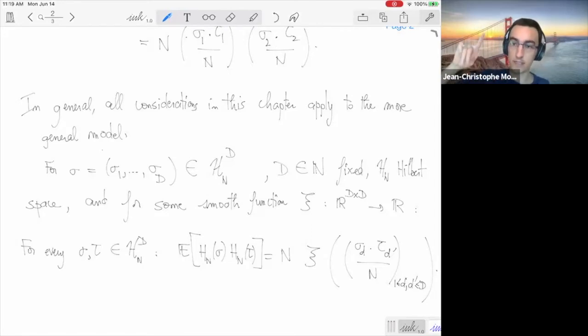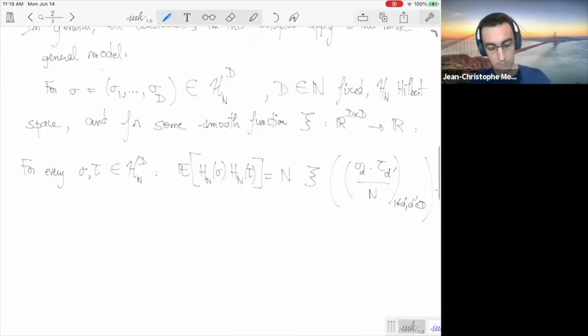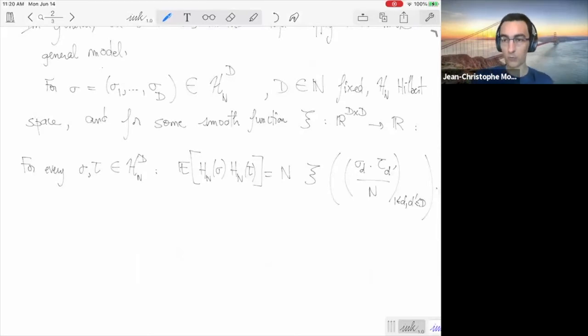For SK, D is 1, and psi is the square function. For the bipartite, D is 2, and psi is the product of the diagonal entries. So in general, you see that there's some matrix that may be involved, but it's nice that we don't have to worry too much about matrices, even for the bipartite case, which is convenient. And the function psi is really what is most useful to keep track of, as I mentioned earlier.